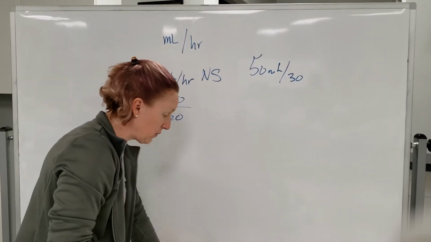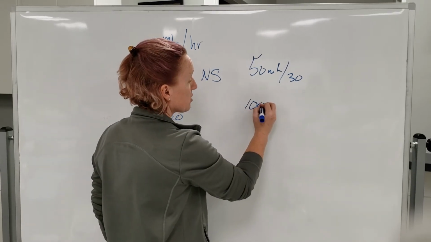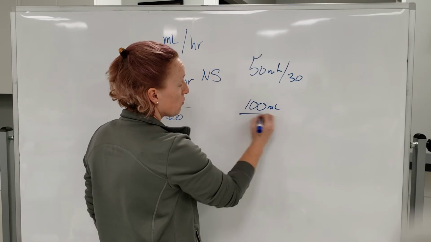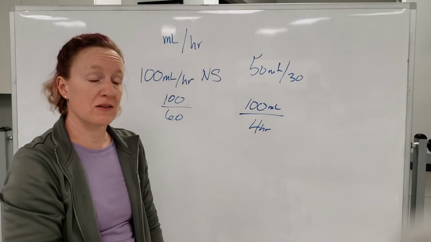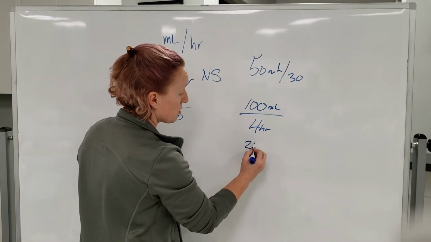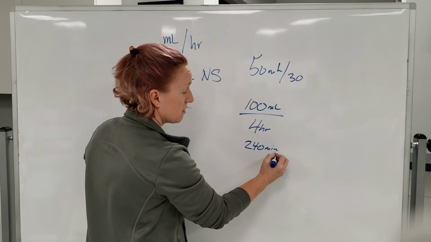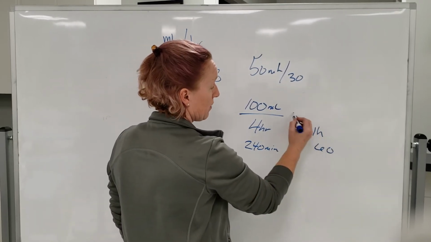Another thing we can have is, what if we have like Zosyn? Zosyn is frequently 100 mLs, but it's over 4 hours. Okay, so what are we going to do to be able to do that? Now, you've got 2 ways again of doing this. You can change this to 240 minutes, okay, so that you get your 60, or you can have your 1 hour.